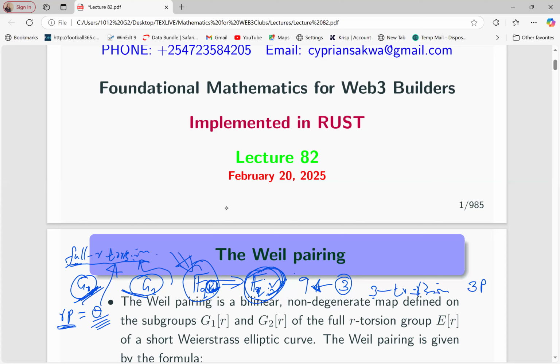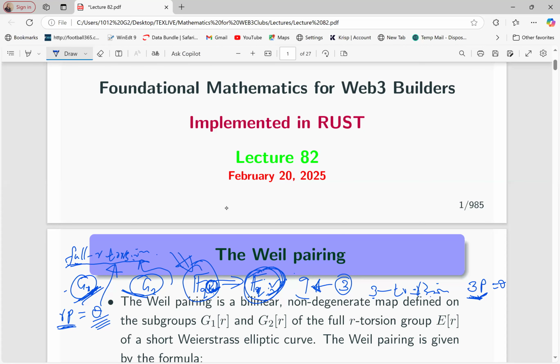G1 is a group consisting of points which, when added 3 times, would give the identity. So that is how we got G1. It is the 3-torsion group. If our elliptic curve were to have 9 points, then G1 would be this group, the 3-torsion.